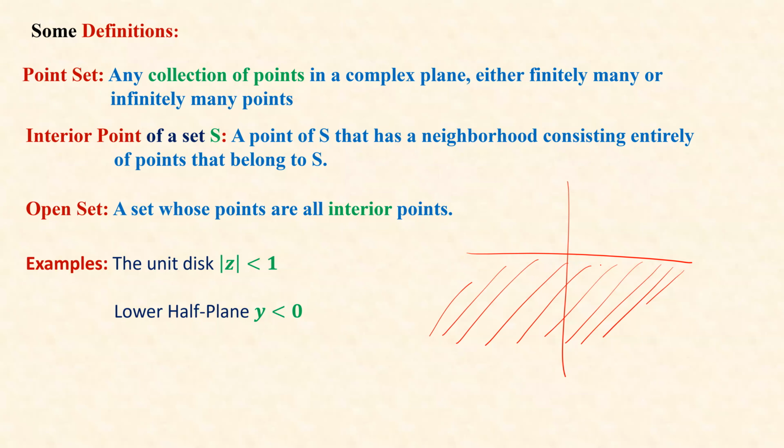So every point that you take in that has a neighborhood whose points are all inside this set, so this is an open set. All right, this is like S. Any questions? Is that clear?